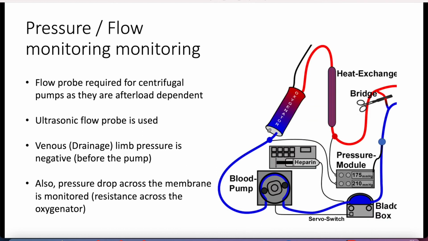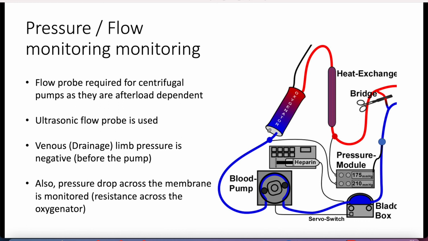As I mentioned before, with centrifugal pumps, the flow is afterload dependent and is variable. Therefore, it's essential to monitor the flow. This is usually done by incorporating an ultrasonic flow probe on one of the lines, usually on the return line. Also, most of the ECMO centers monitor pressures at various sites in the ECMO circuit.